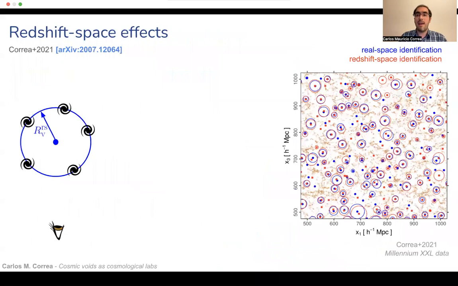So in this slide, I will summarize these effects. And of course, this is based on our fundamental result that we can assume void number conservation. And to understand better what is happening here, you can look at this schematic figure. Here is represented a generic spherical real space void. So the effects that act under the redshift space mapping are the following.